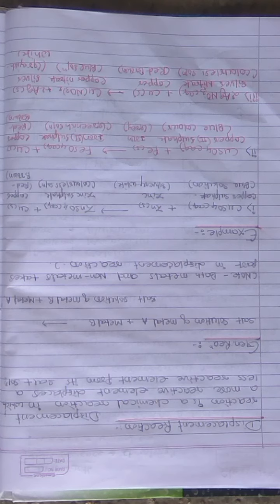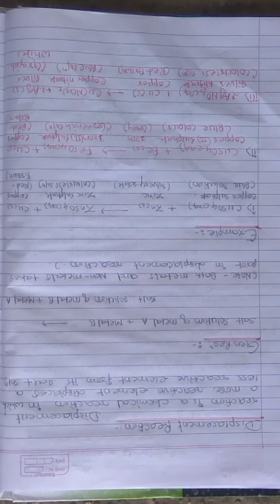Now we will see another example, that is silver nitrate. Silver nitrate is a colorless solution, and here copper's color is red brown. Now copper is more reactive than silver.